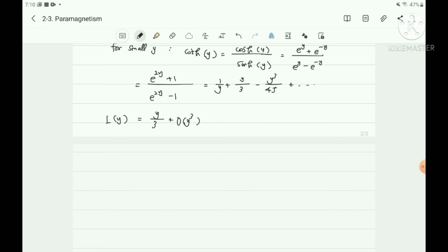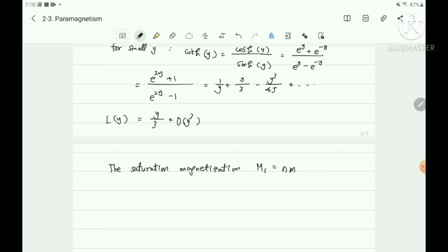Therefore, the saturation magnetization can be defined as Nm.